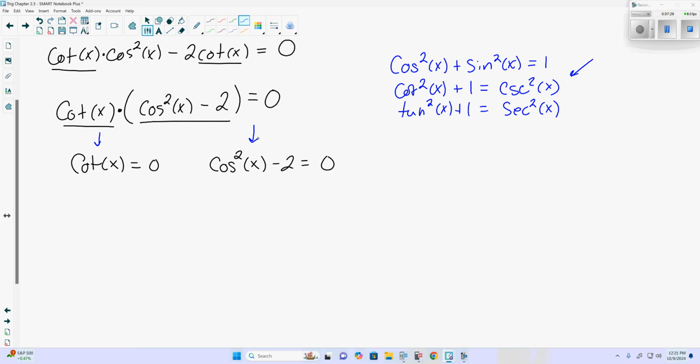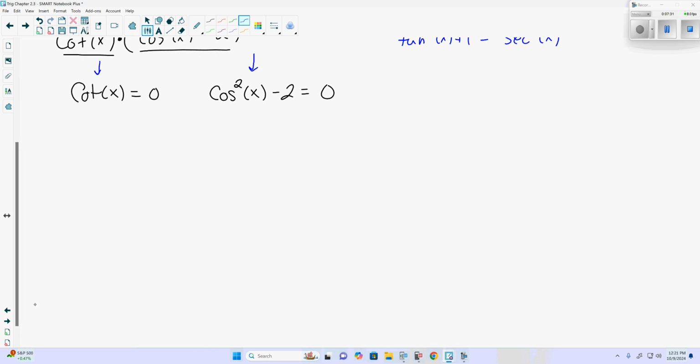Now, out of these two here, let's work with cosine squared minus 2 first. So the first thing we'll do is get the cosine squared by itself. We can add 2 to both sides, which would leave us with cosine squared of x is equal to 2. What would we do next?